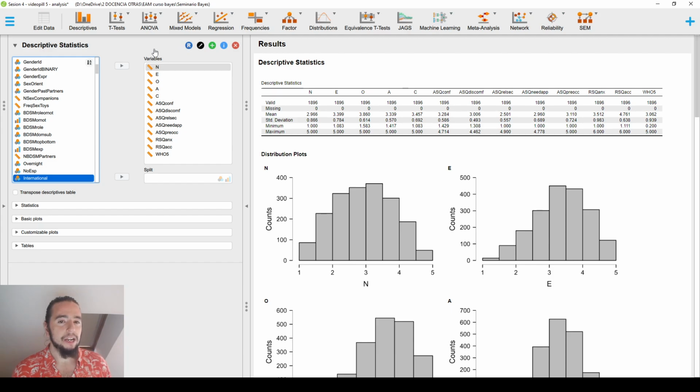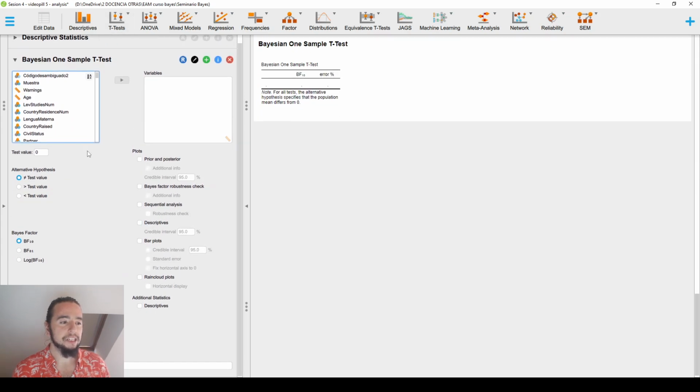Okay, so let's have a look at the Bayesian one sample t-test. For example, let's have age as a variable, and let's say we put 30 as a criterion. As you can see here, the Bayes factor is really, really high.